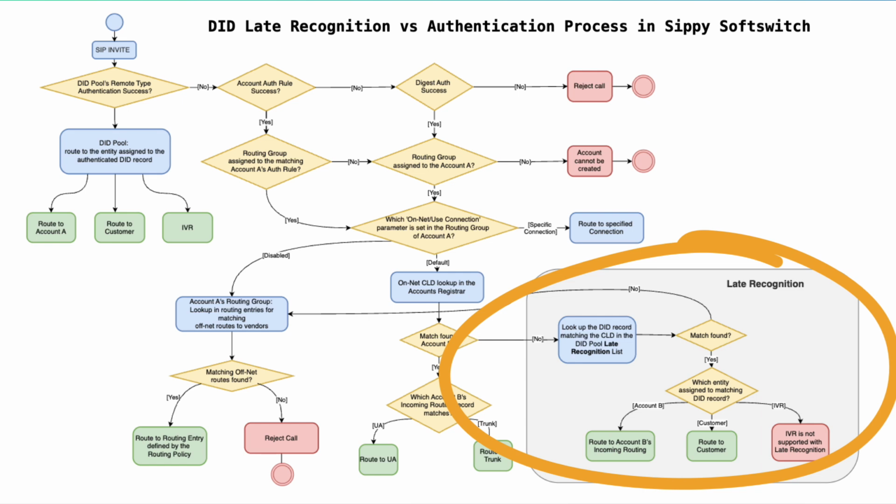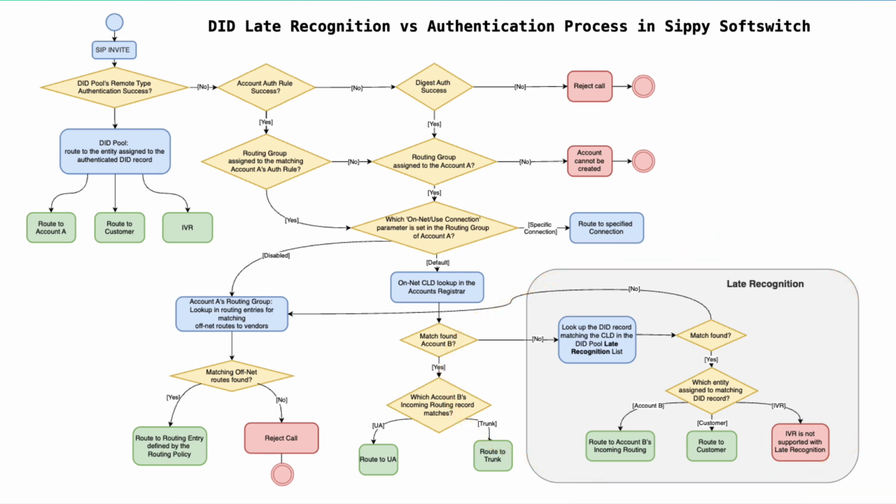Therefore, calls originating from such soft phones must be authenticated via digest authentication, as they cannot be matched using a static IP-based rule. Once authenticated, if the call needs to be routed to a DID destination, the late DID recognition feature is applied. The system searches the DID pool for a matching DID number with the late type enabled and then routes the call to the entity assigned to that DID record.